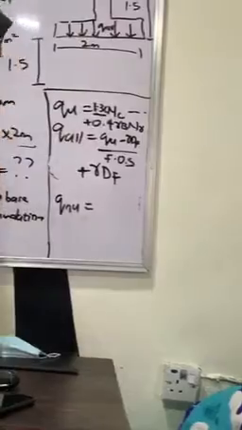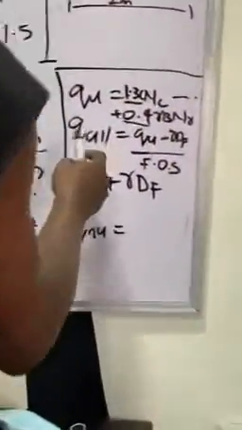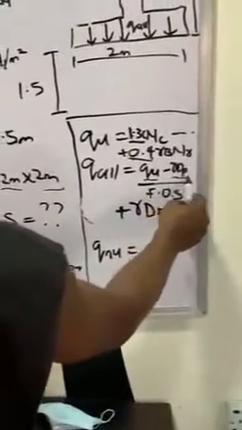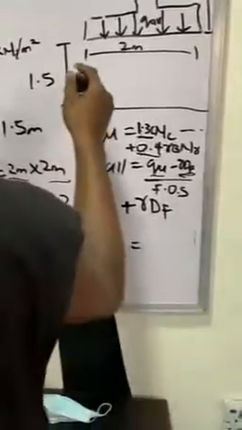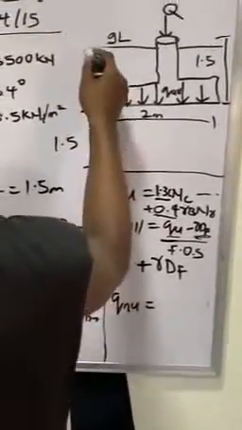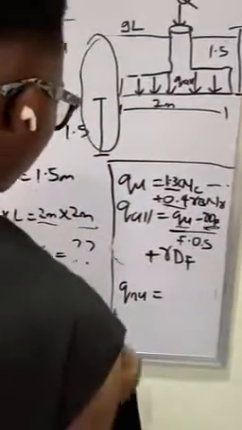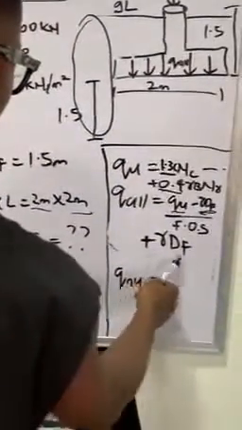So for the square footing that we're given in the question, 2 by 2 is obviously a square footing, breadth and length are equal. We are using 1.3 CNC, we are using 0.4 gamma B N gamma. I wrote this earlier. Then Q allowable is given by QU, the ultimate bearing capacity, minus gamma DF, the pressure due to the soil itself, divided by factor of safety plus gamma DF again.